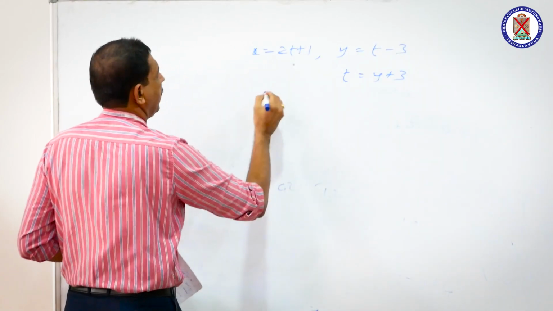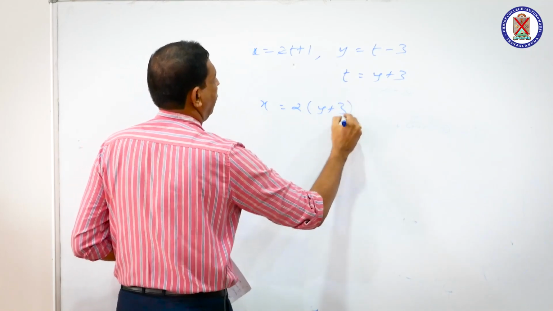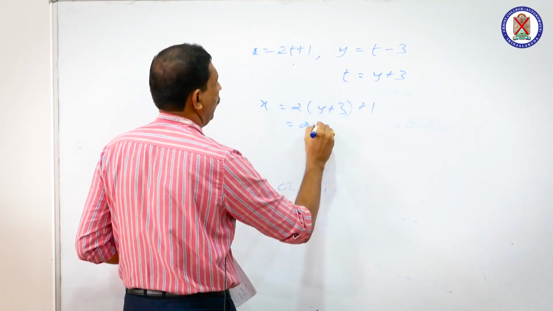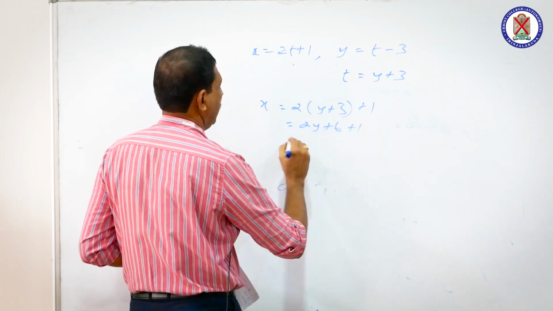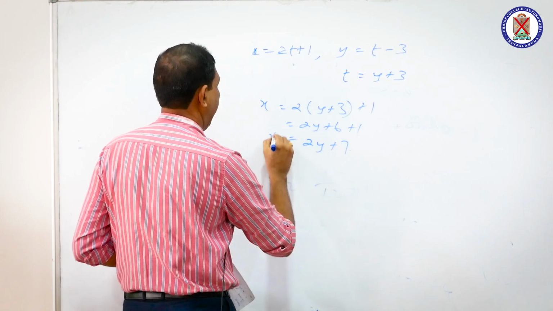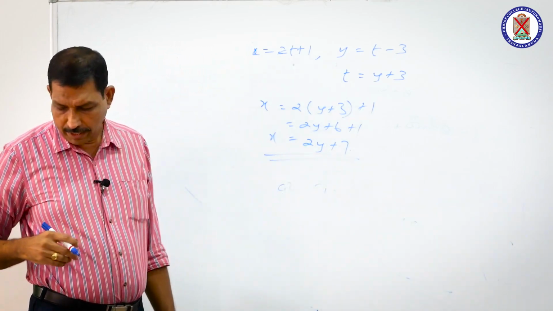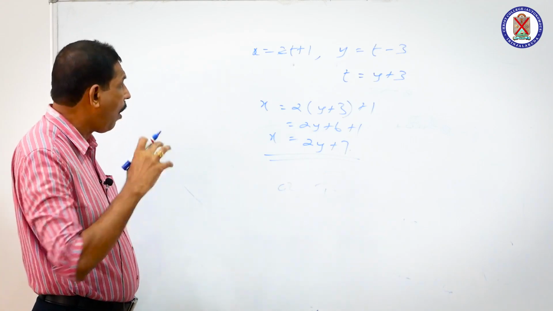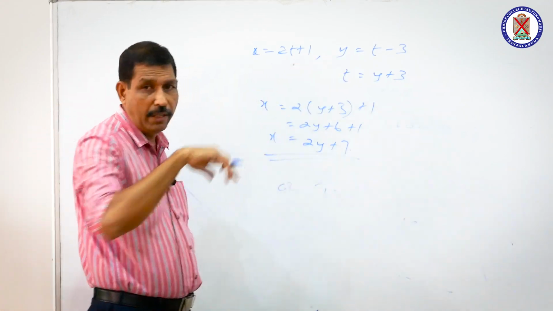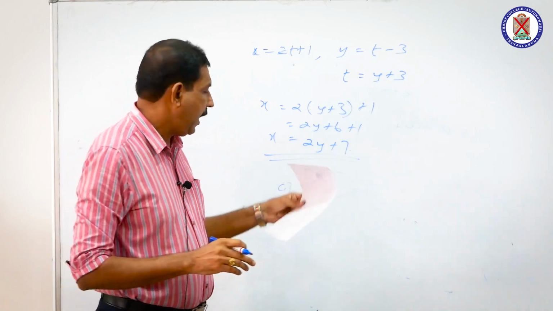Then this equation becomes x equal to 2 into y plus 3 plus 1, that is equal to 2y plus 6 plus 1, or 2y plus 7. Therefore, x is equal to 2y plus 7 is the corresponding Cartesian equation. Here also we can plot this by giving different values for t.